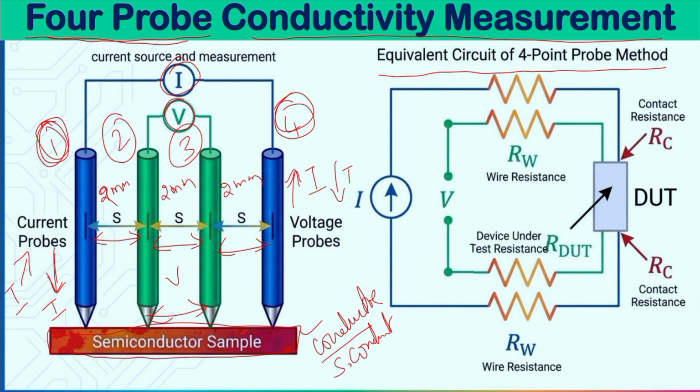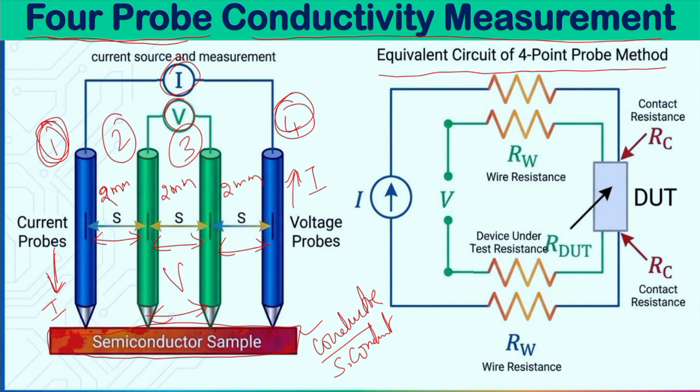So basically you will be sending current in one probe and collecting it in the other. Apart from that, the inner two probes will be measuring the voltage. So this is the setup.